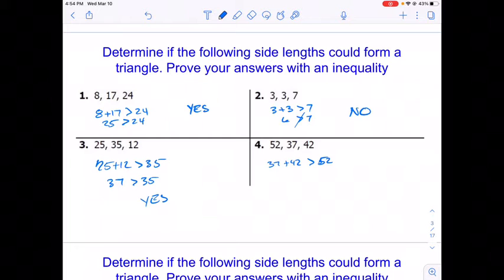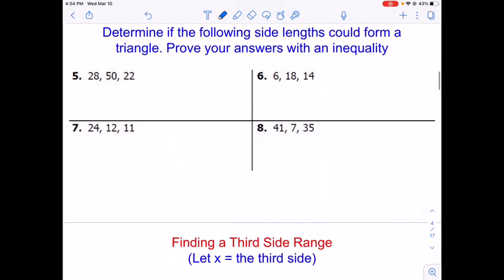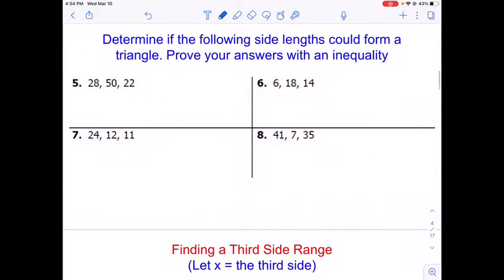Adding them together, we get 79, which is much larger than 52. So this one was yes as well. Okay, try the next four. Pause your video, come back and check your answers when you're done.